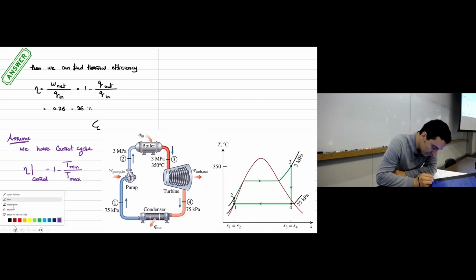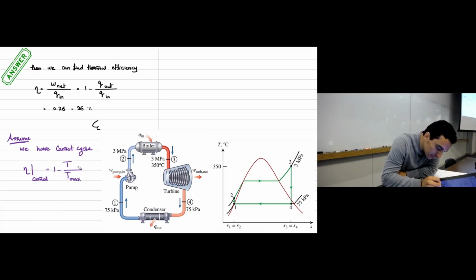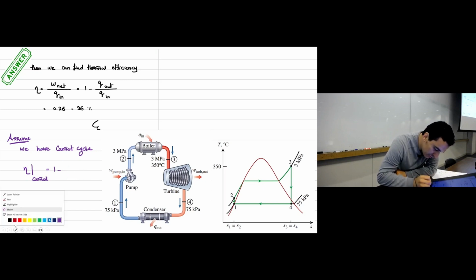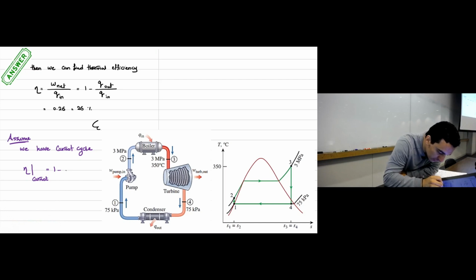Or when we set this equation, we put it this way: 1 minus TL divided by TH. So note that TL, this is the minimum temperature that we can have in this cycle.